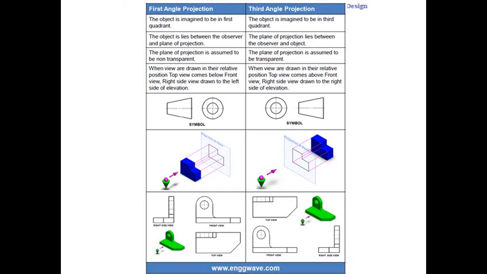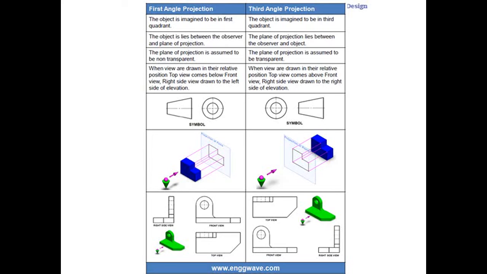Okay, and the plane of projection is assumed to be non-transparent in first angle, so we have like a shadow, and in case of third angle orthographic projection we assume it is transparent, so we can see the other side of the plane and project that image onto the plane itself.